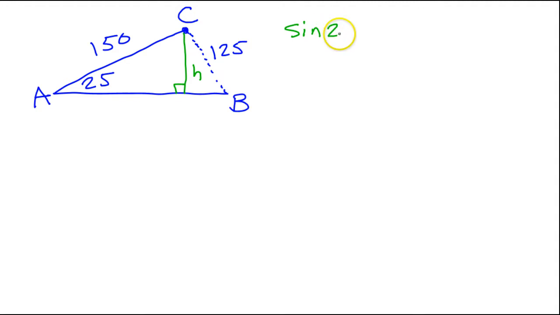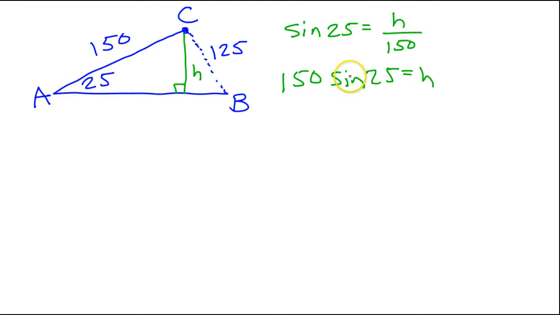Sine of 25 is going to equal opposite over hypotenuse. So that's h over 150. If I multiply both sides by 150, I'm going to get 150 sine 25 is equal to the height.